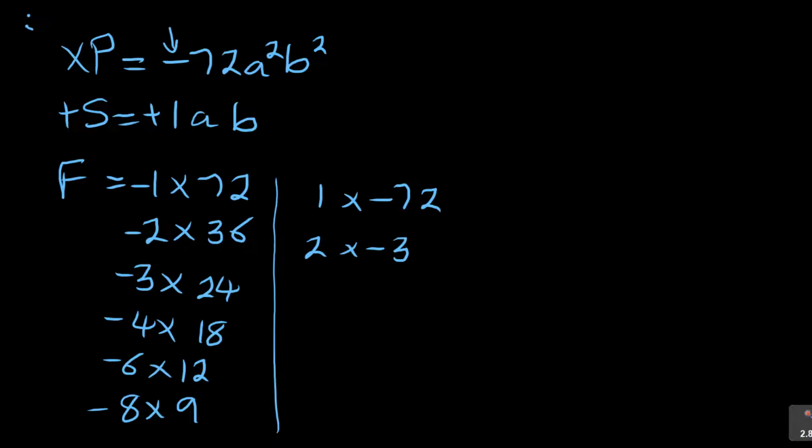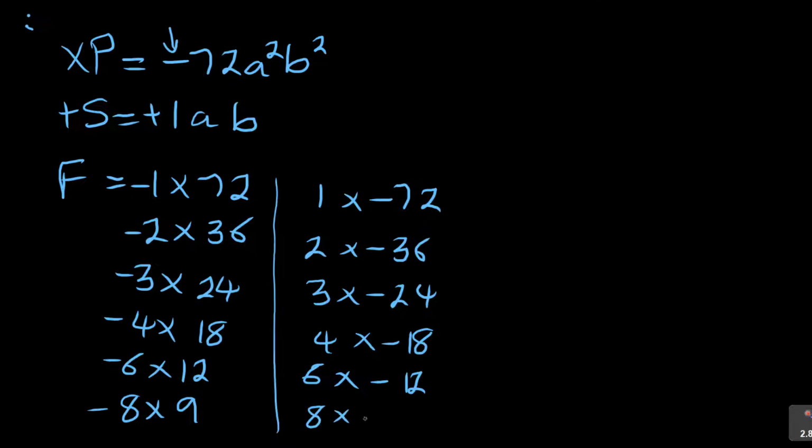Do you see how I'm doing it now? 3 times negative 24. 4 times negative 18. 6 times negative 12. And 8 times negative 9. So we have got these.